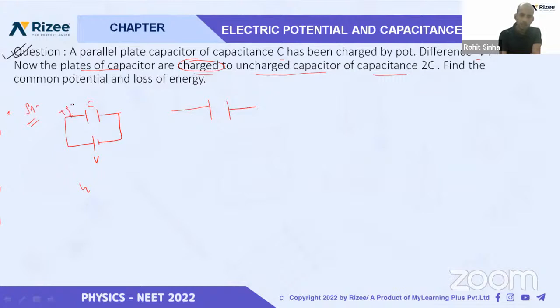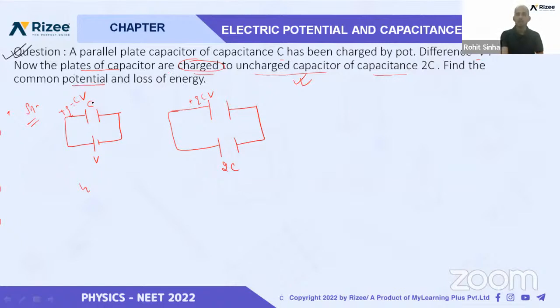Let us suppose Q, it will be CV. This capacitor having charge CV is getting connected with another capacitor of capacitance 2C, which is uncharged, not having any charge. Find the common potential attained.